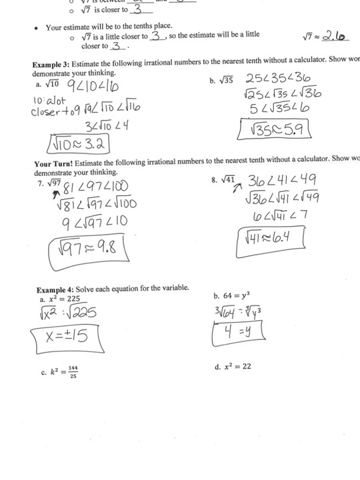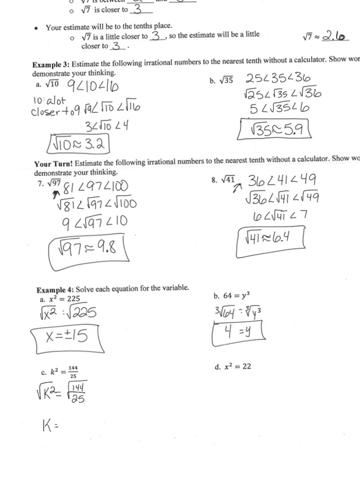And then we have 2 more problems on this page. These two are just slightly different. Specifically looking at C, we have k squared equals 144 over 25. Because k is squared, we need to undo that by taking the square root of both sides. So the square root of k to the second power is k.